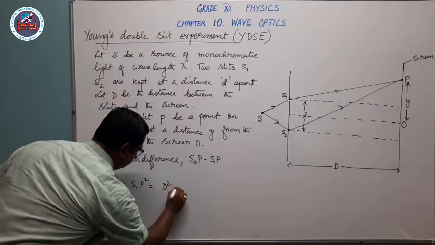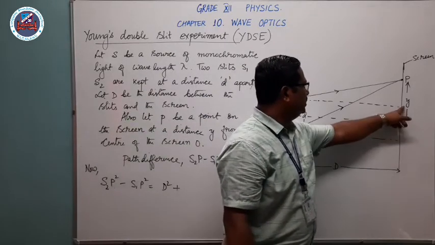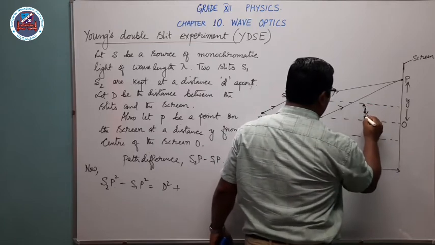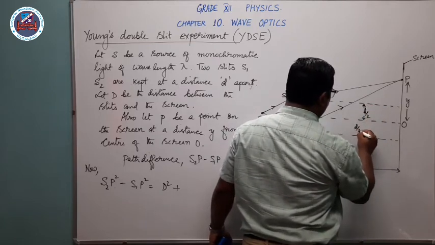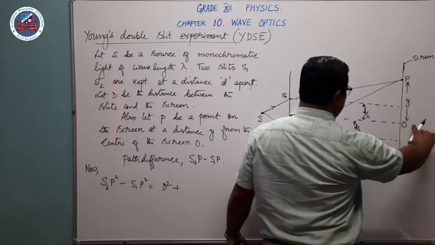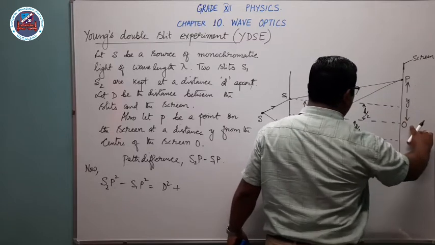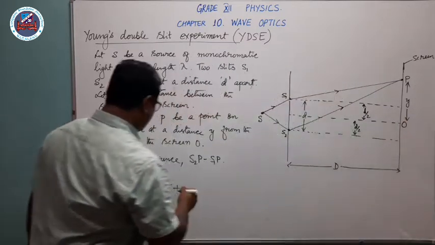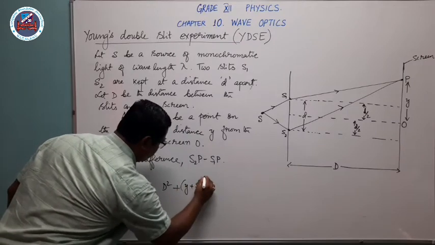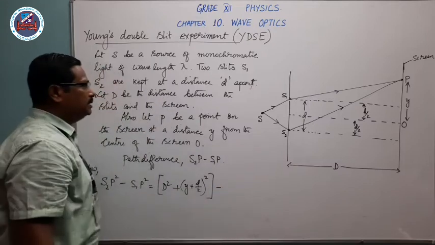D square plus perpendicular square. From here to here, this D, this is D by 2, because this distance is D. So this is D by 2, and this is Y. So it will be Y plus D by 2, whole square, minus S1P square.